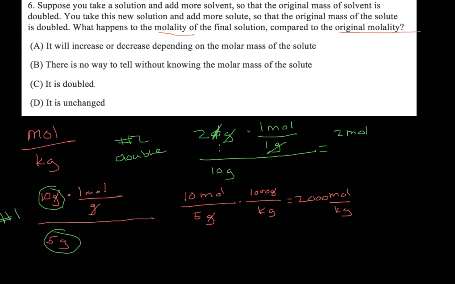I just canceled these zeros to be clear. 2 moles per gram, and again multiply by 1,000 grams per kilogram, and these will again cancel, and we will be left, number 2, the molality is 2 moles per kilogram.